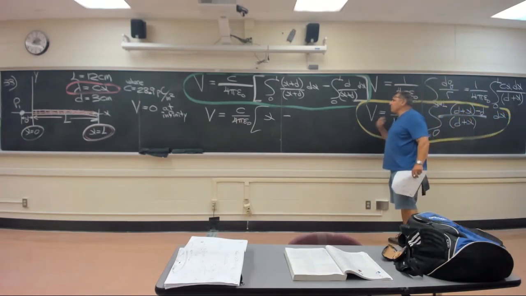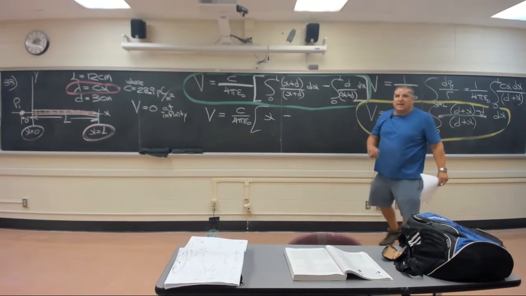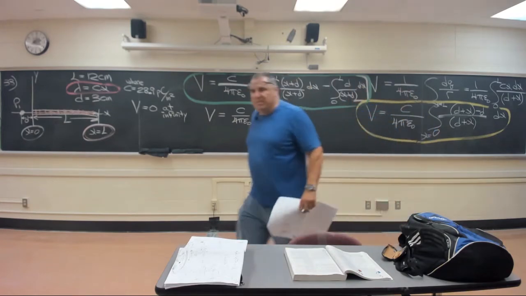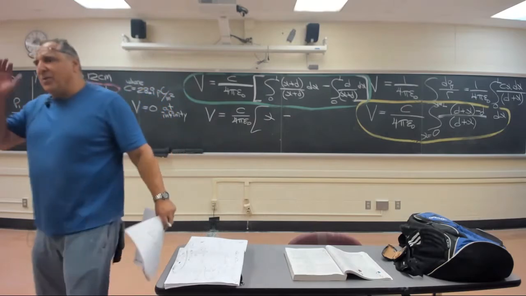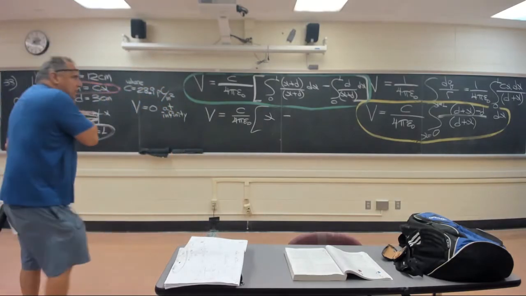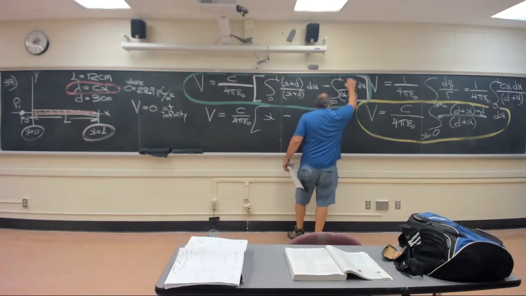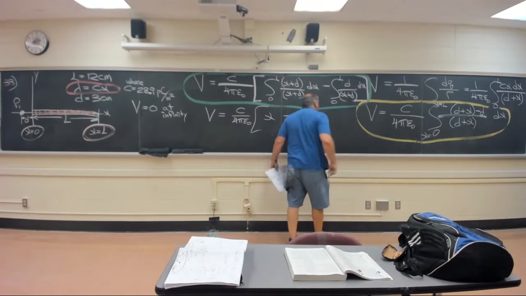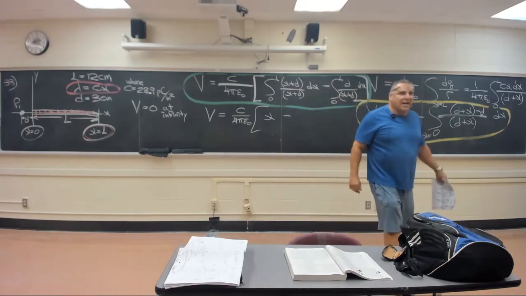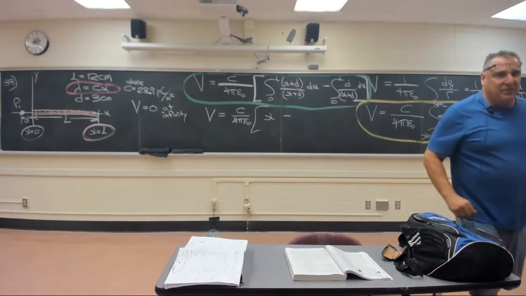The integral with respect to x of 1 over x is natural logarithm of x plus a constant and all that other stuff. Well, look, let's get down to business, guys. Forget the d, it's a constant. Pretend it's a 1. What's the integral of 1 over x dx? It's ln x.